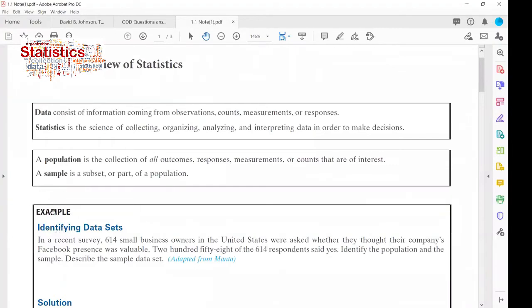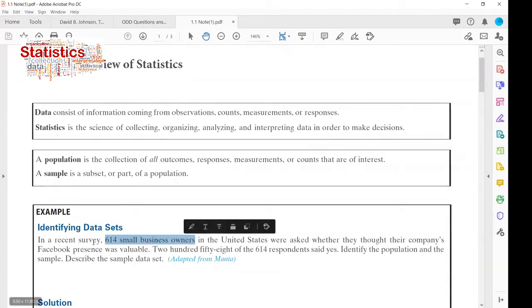On page 1, we have an example. This example says identifying data sets. Let us read this. In a recent survey, we asked a question.